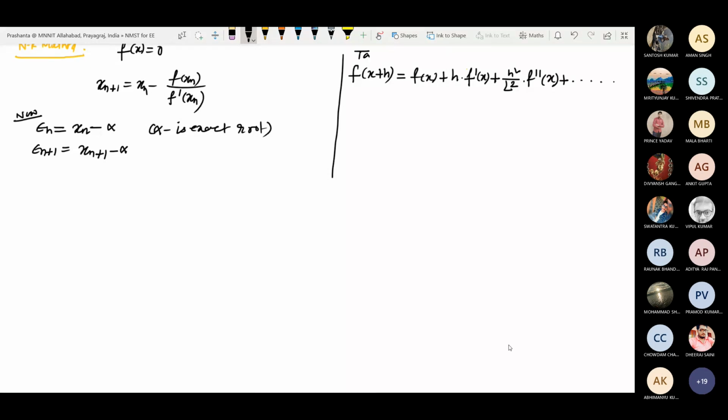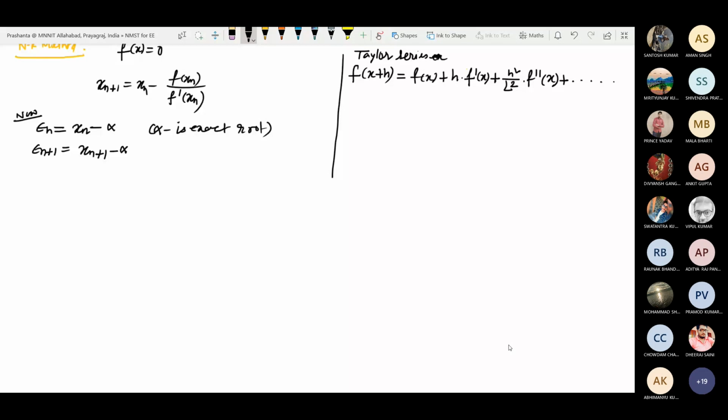This is the Taylor series, yes or no? Yes, sir. This is the result we are going to use in almost all the derivations, and so on for the Newton-Raphson method.